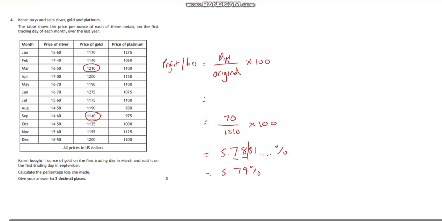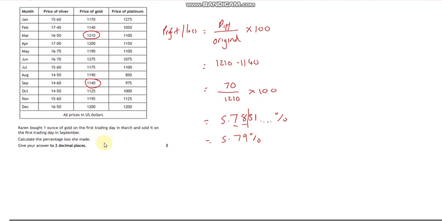I would usually just say that it's 1210 take away 1140 is the difference. I know that's a 6% loss, but if you go in the right direction, the negative will help you tell if it's a loss or a profit, but you should know from looking at it that she's made a loss, and it's even told you as well. Okay, so nice one, and don't forget to do the rounding as well, or you'll lose marks. So you got a mark for this, and a mark for the final answer.